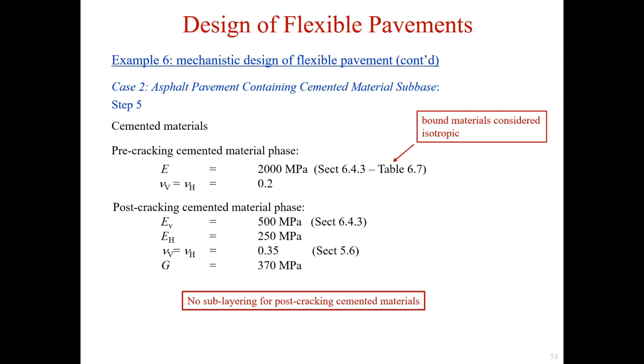For the purpose of mechanistic modeling in the post-fatigue phase, cemented materials may be assumed to have a presumptive vertical modulus of 500 megapascal and a Poisson's ratio of 0.35. We could work out EH and G accordingly. Please be aware that there's no sublayering for post-cracking cemented materials.